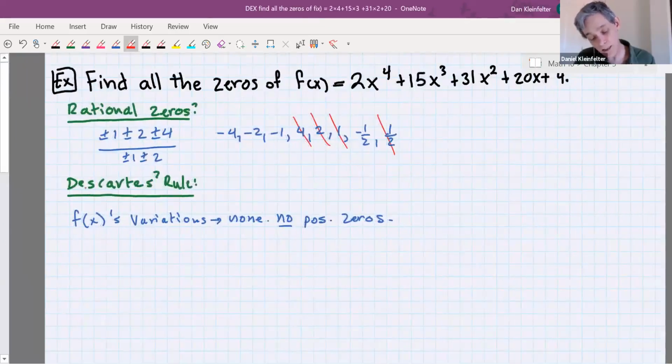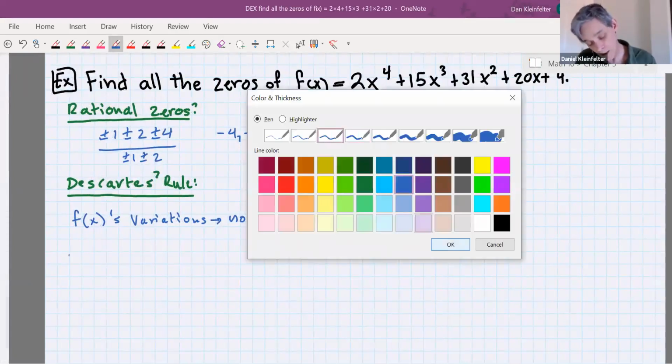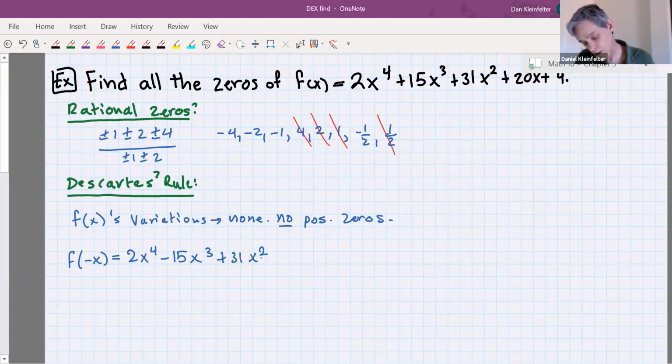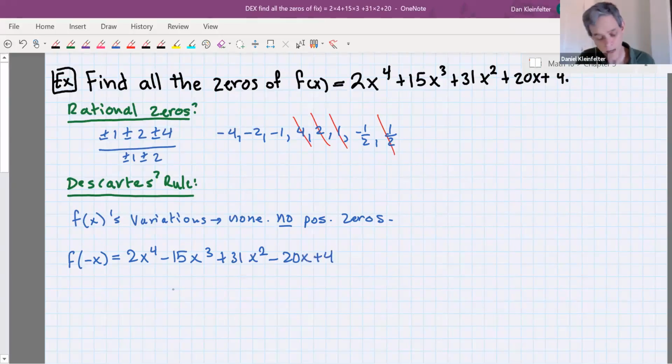Okay, so now let's check for f of minus x. So f of minus x will be 2x to the 4th power minus 15x cubed plus 31x squared minus 20x plus 4. So that's long, so we'll go plus to minus, minus to plus, plus back to minus, and then minus back to plus again.